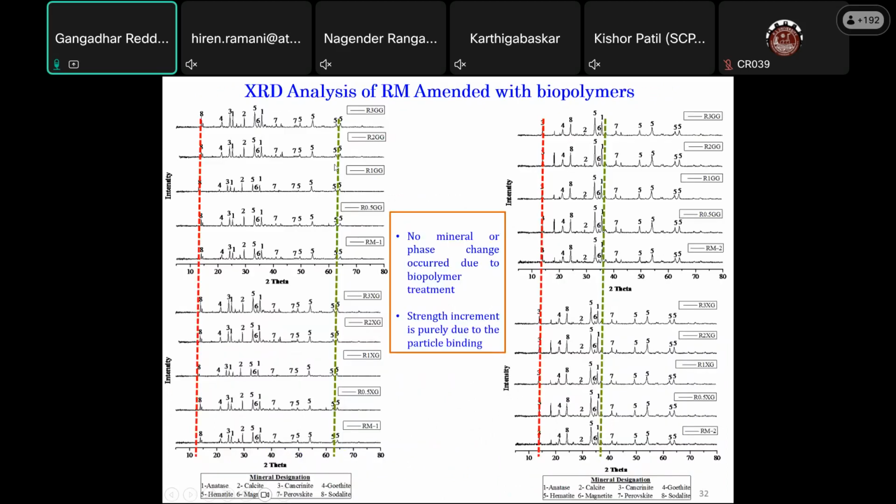The XRD analysis shows that there is no phase change basically. This is simply a binding material. You can see there is no change in any of the two theta values. It purely shows that the strength improves based on the binding effect rather than chemical reaction or phase change.